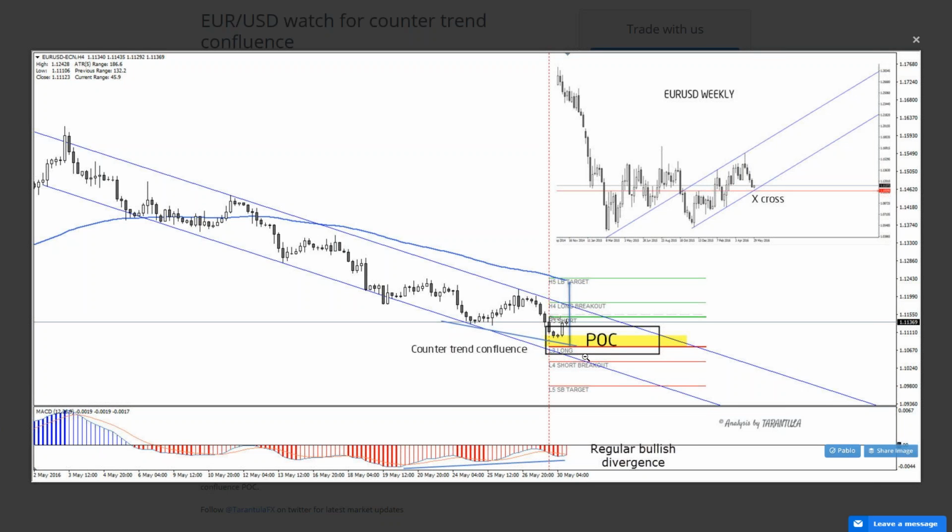We have X cross. And on weekly, this is the weekly chart here, that corresponds to the 1 hour chart. You see the weekly chart, guys. This is weekly. Weekly is up actually. It's not down, you see. So yeah, I'm eager to take a long trade.